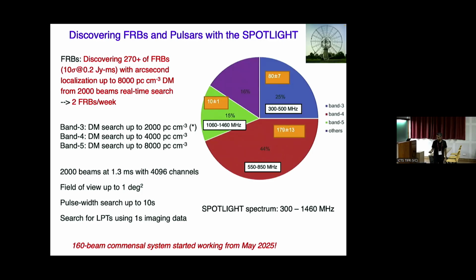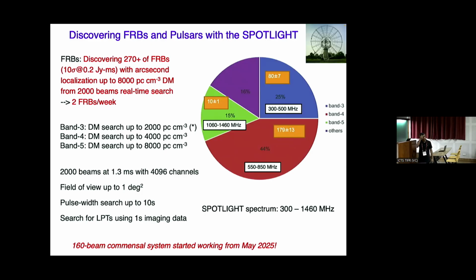So now, if you were to capture in one sentence the status of the Spotlight system: we have a 160 beam system operational from May 2025. It saw first sky in May 2025, and as with every system, when you go online for the first time, we have various things to sort out.